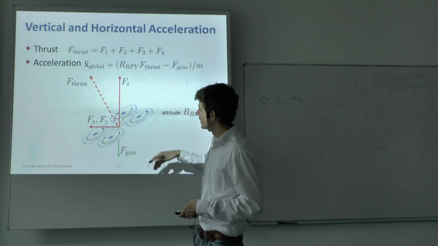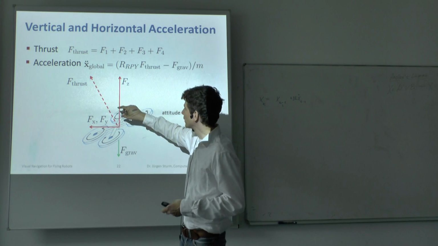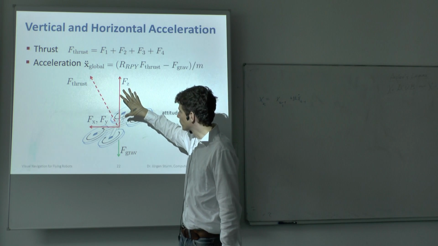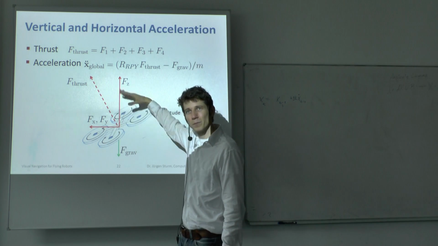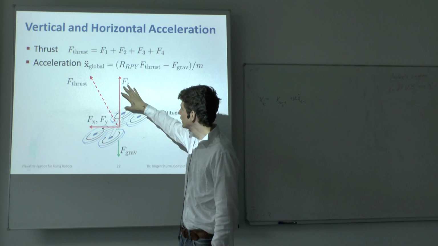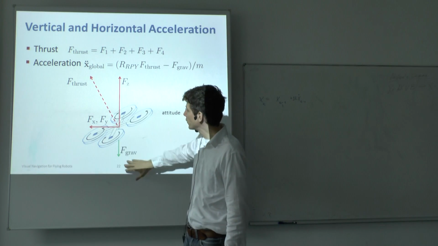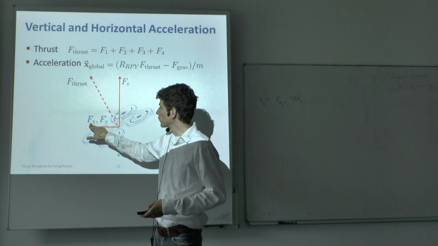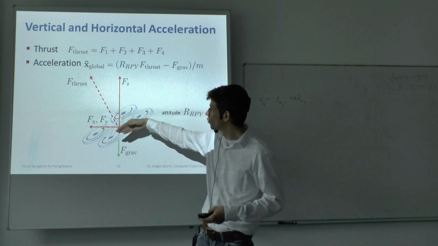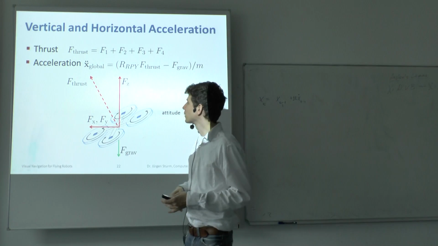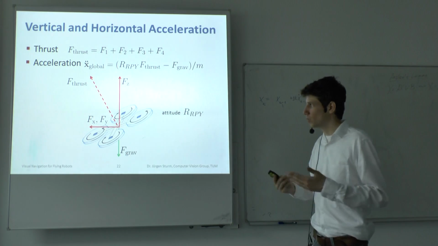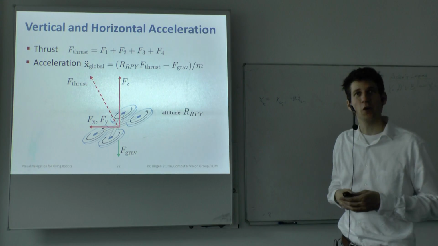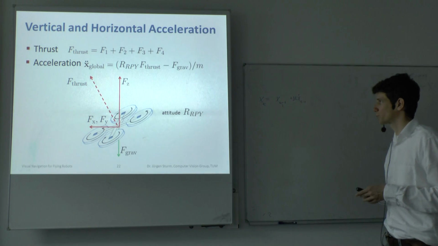And now here you can see that for keeping the quadrocopter vertically in a certain position, this z force has to equal the gravity, and this force in x and y direction, so this actually has 2 components, of course, because we're in 3D, will accelerate the quadrocopter forward or sidewards.